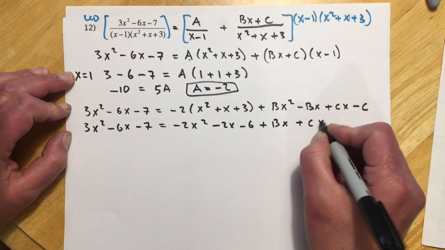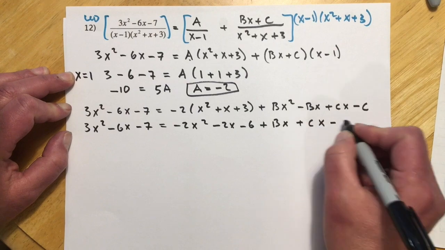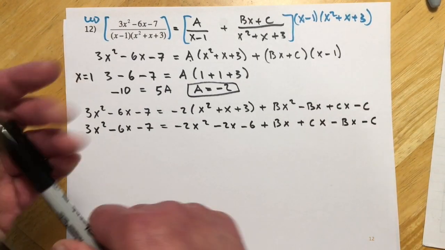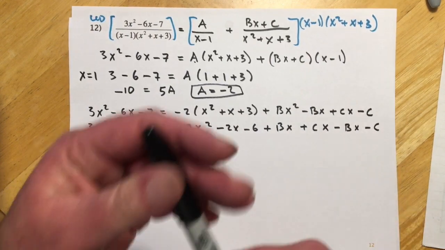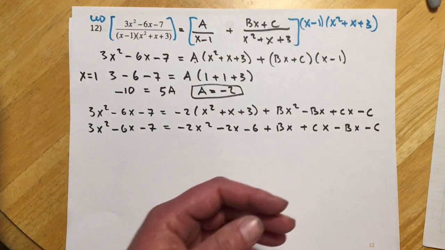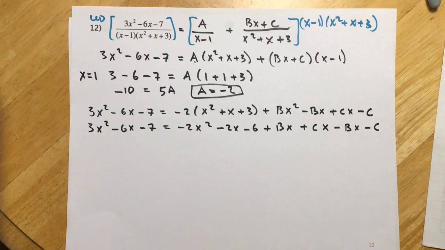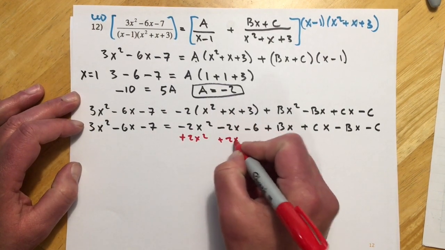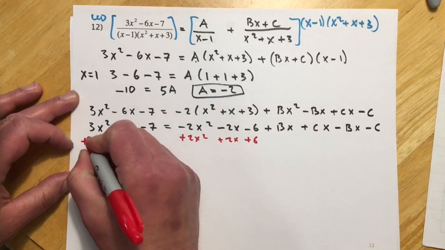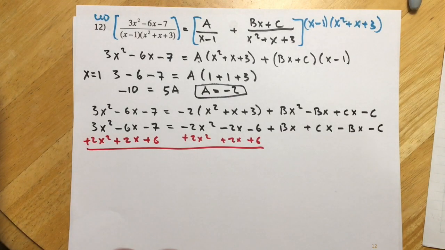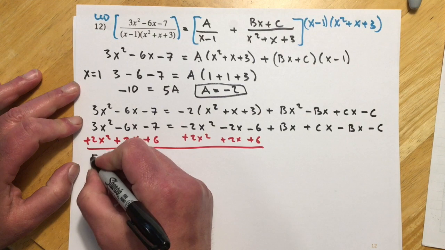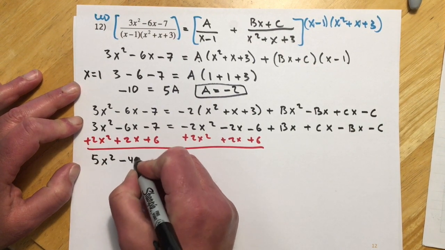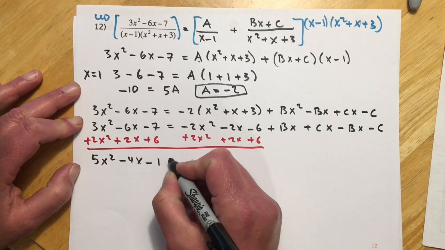So I'm going to do this, just because I like a positive leading term. And then here I'm going to bring everything over that I can. So that's going to be plus 2x squared plus 2x plus 6. So that gets me 5x squared minus 6 plus 2, so minus 4x minus 1.